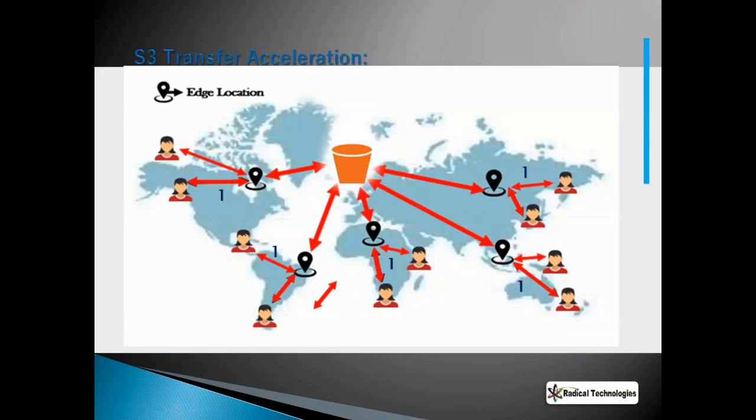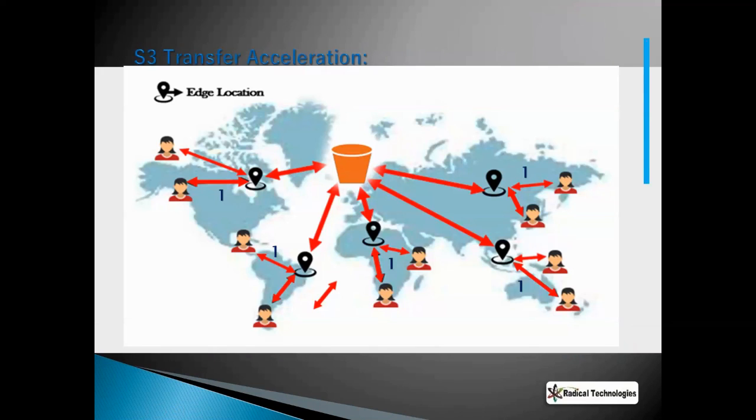Okay, so how does CloudFront work? We had this diagram last week. Your S3 bucket is in London, and the user is in Sydney, and he wants to upload data into the S3 bucket which is located in London. If the user tries to upload the data directly, it will take the long path.